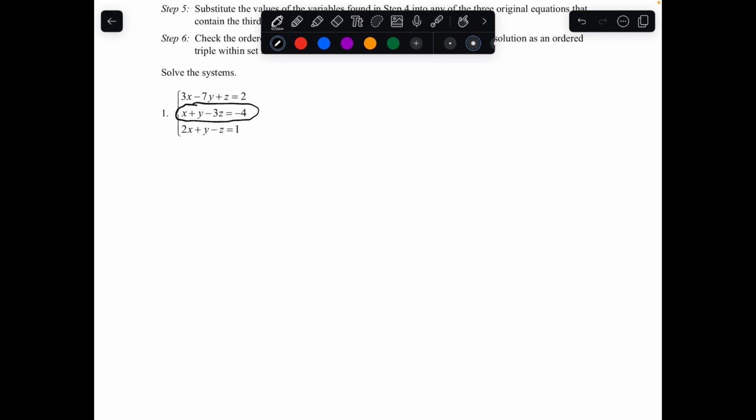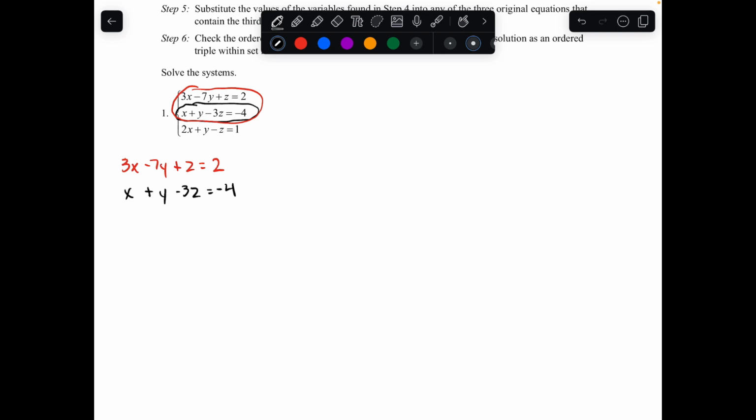So let's focus on the top equation. The top equation is 3x minus 7y plus z is equal to 2. And our black equation is x plus y minus 3z is equal to negative 4.